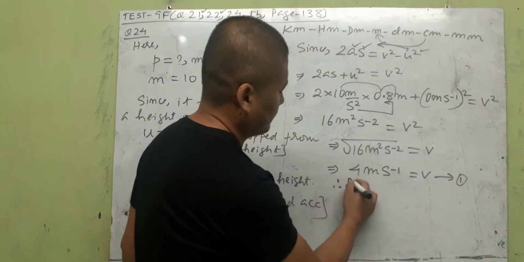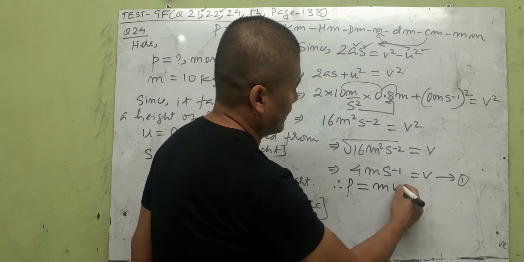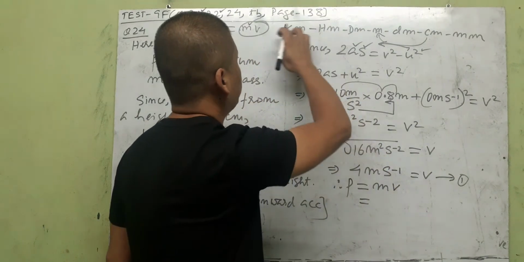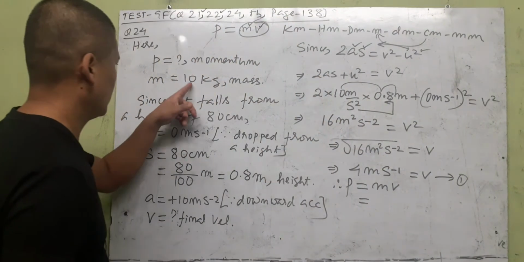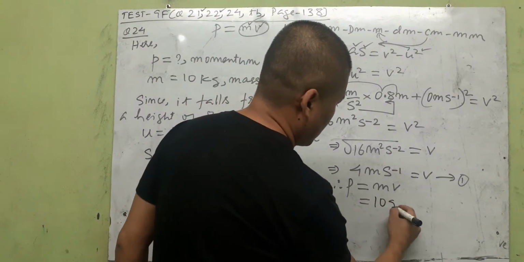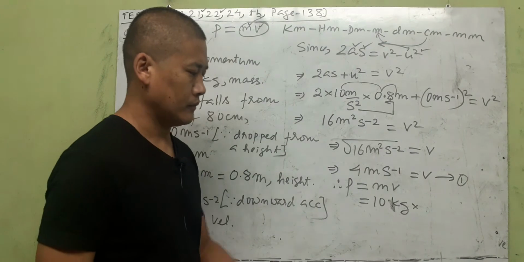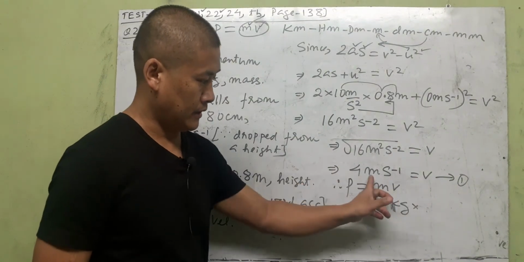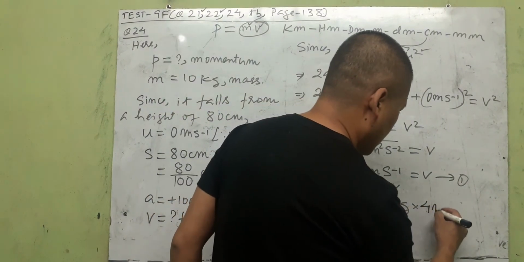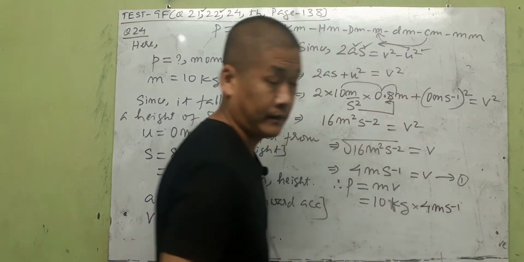Therefore, your momentum P will be very easy, m into v. We already knew m. Now we have v also. So here 10 kg, you write down 10 kg into, and v here you see here. So write slowly, 4 meter per second, right?